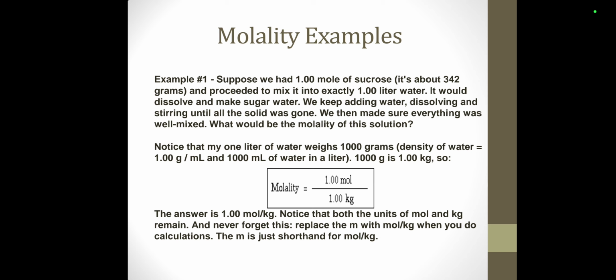That makes sense why molality is equal to 1.00 mole, which is given, divided by 1.00 kilogram, coming from the conversion of liter to kilogram. So the answer would be 1.00 mole per kilogram, or shorthand m. You can use mole per kilogram as the unit or the shorthand m. Okay, so that would be example number 1.